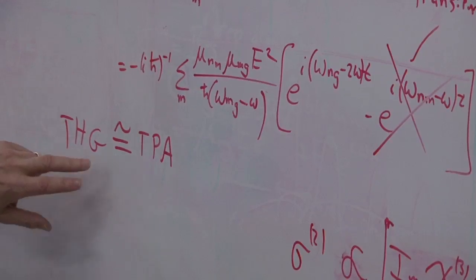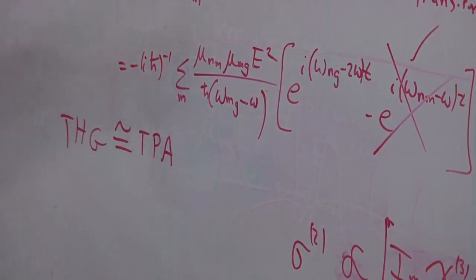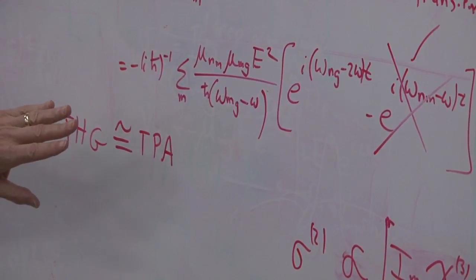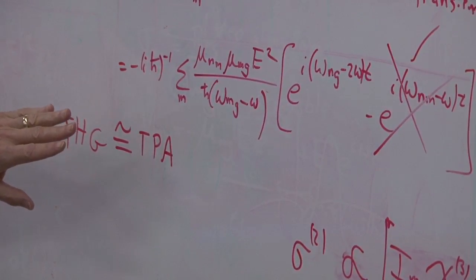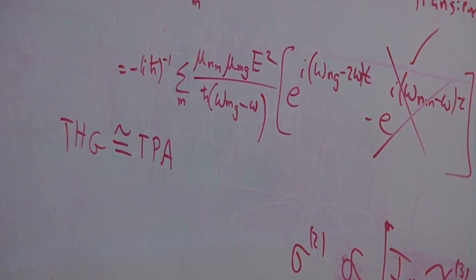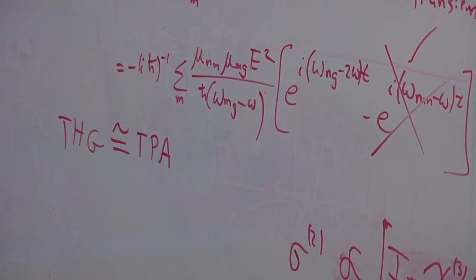So third harmonic generation is of the same order of perturbation theory as two-photon absorption. So in the treatment of third harmonic generation, you really should include two-photon absorption, because you've ignored something which is of the same order of magnitude as what you treated.